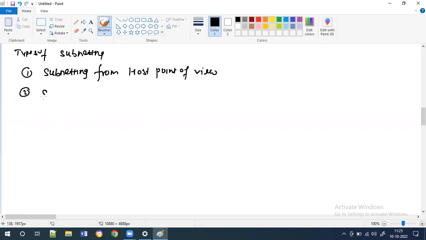Second is subnetting from network point of view. When you open a notebook, you will see that I have written subnetting from host point of view and subnetting from network point of view. Right? So let's discuss one by one.